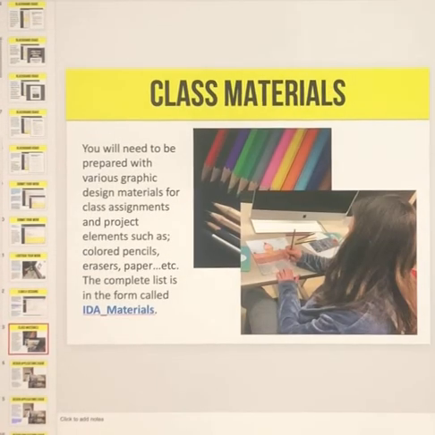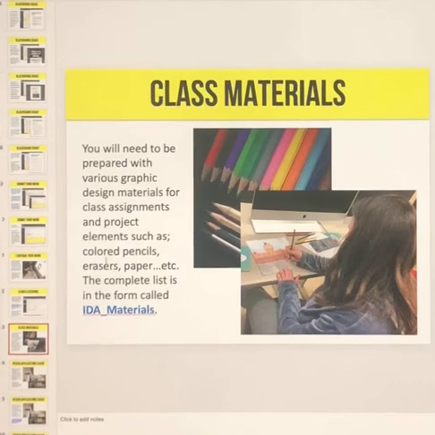Class materials. You'll need to have various class materials. I know this is like, oh my gosh, what am I doing? Drawing? Well, part of the process is going to be sketching and iteration. It's going to help your juices flow, help your creativity flow, and you're going to need to be able to do some sketching. You don't have to be Picasso, but you do need to do some sketching to get the process going with your projects.